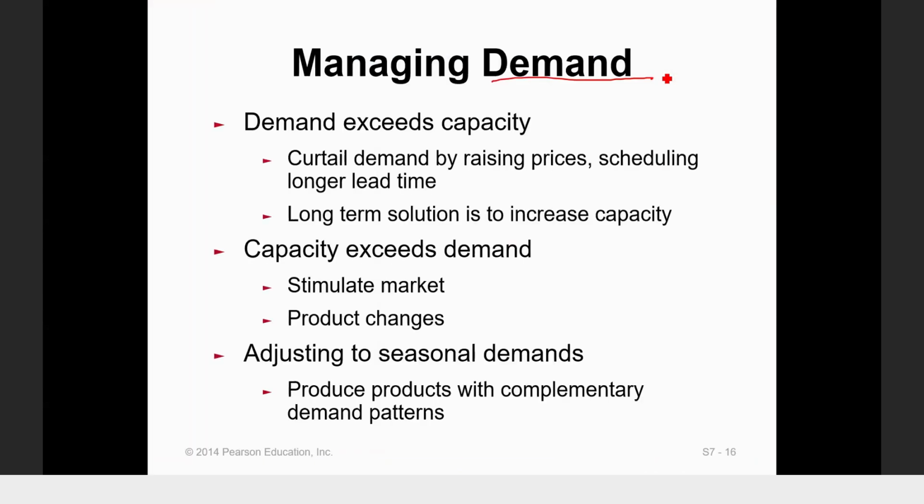When we want to decide capacity, we need to understand demand. Demand adalah permintaan lah. If demand exceeds capacity, maknanya permintaan melebihi kapasiti yang kita ada, so what do we need to do? Demand is so good, but we don't have capacity to produce. Remember that our objective is to have demand equal to capacity.